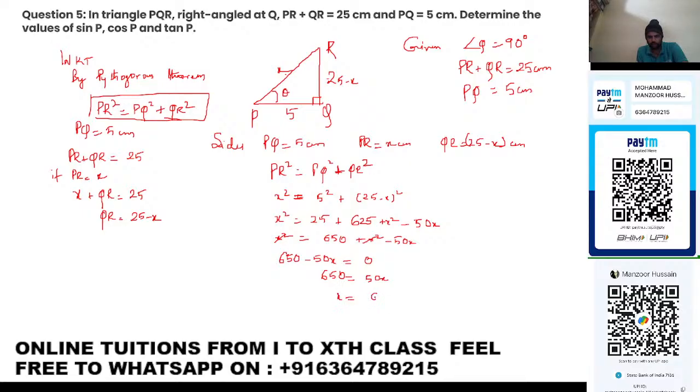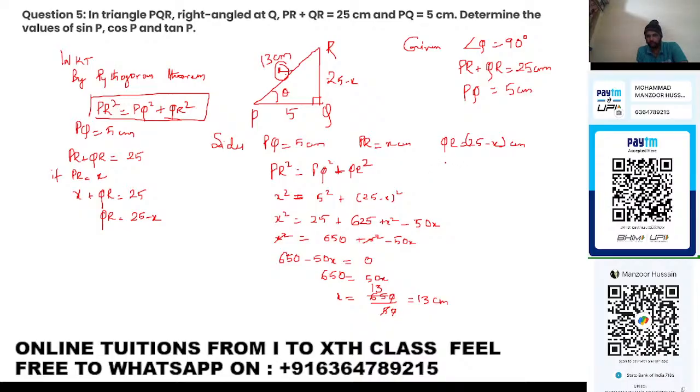X is equal to 650 by 50. The 0 gets cancelled, 5 13s are 65, so X is equal to 13 centimeters. That is nothing but your hypotenuse, 13 centimeters.